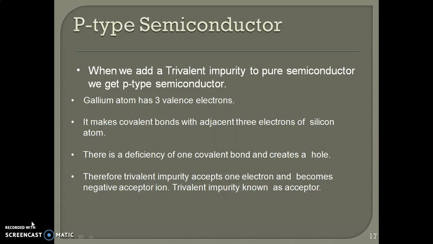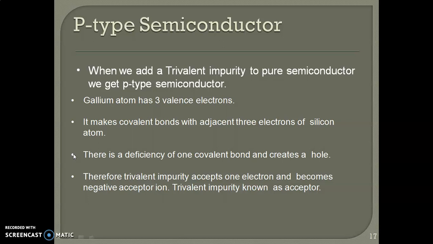In P-type semiconductor, the gallium atom has 3 valence electrons. It forms covalent bonds with the adjacent silicon atoms. There is a deficiency of one covalent bond, which creates a hole. Therefore, the trivalent impurity accepts one electron and becomes a negative acceptor ion.